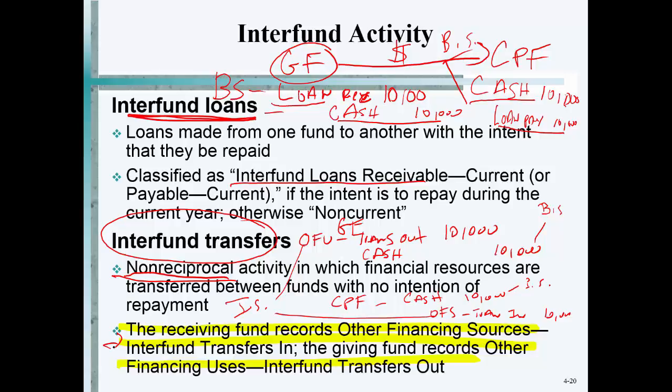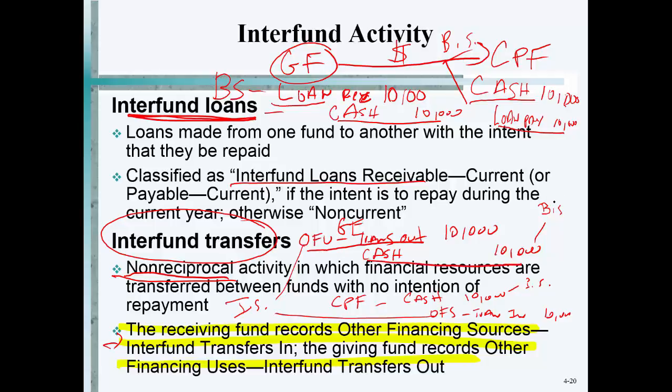Take the same situation, $10,000 transferred from the general fund to the capital project fund, but now under the idea not of a loan, but of a non-reciprocal transfer. In the general fund, we debit other financing uses, transfer out. Isn't that our one other financing use? We credit cash for $10,000.